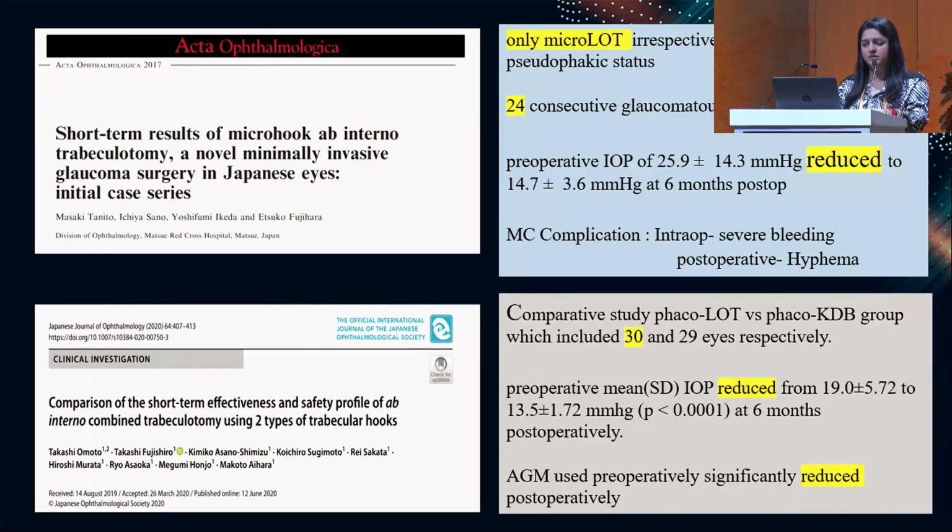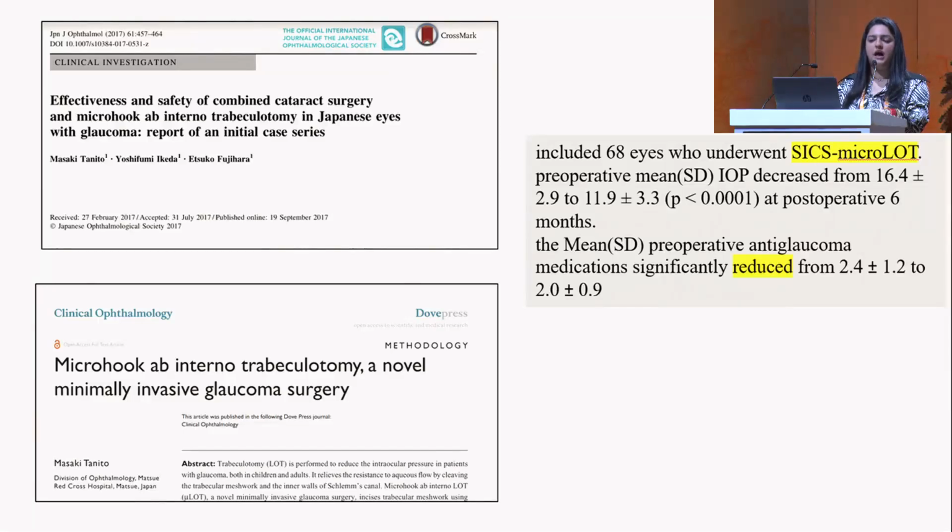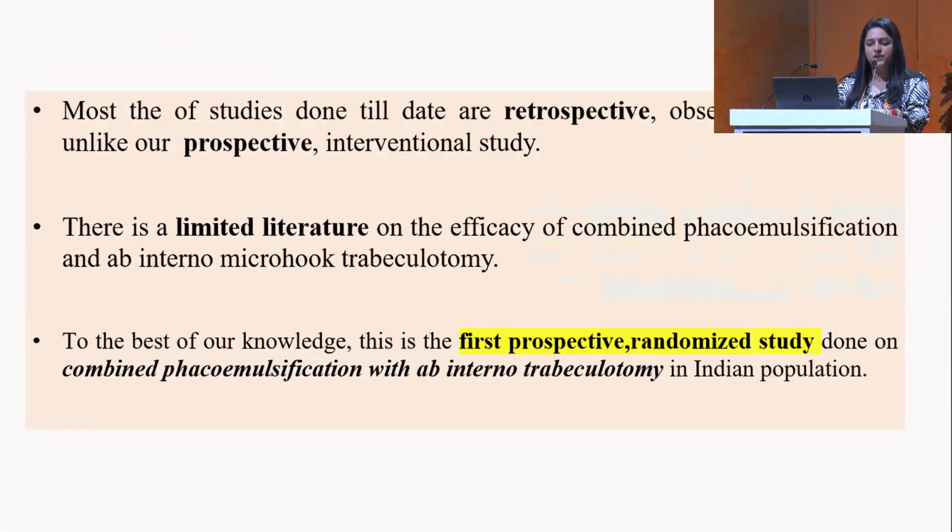There are studies which show similar results, but most of the studies are done outside India. Most of the studies are retrospective, observational studies. Unlike our prospective, interventional and randomized controlled study, there is limited literature on the efficacy of combined phacoemulsification and ab interno microtrabeculotomy, and to the best of our knowledge, this is the first prospective randomized study done on combined phacoemulsification with ab interno trabeculotomy in the Indian population.